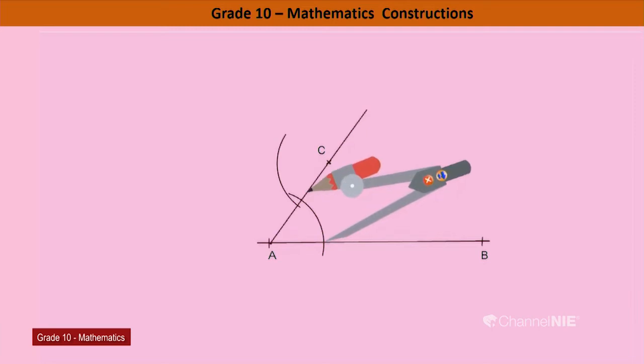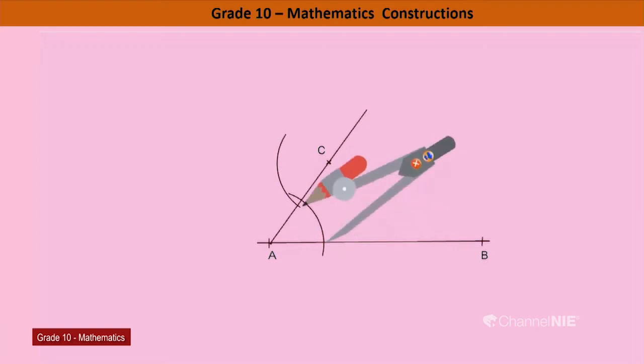Let's measure the distance between the 2 points to copy that angle. So, we are going to copy the arc. Keep the steel point on the first point and take the distance between the 2 points.